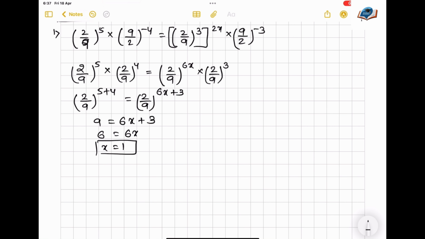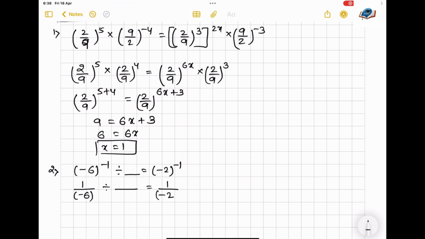Then second one it says by what number should (-6)^-1 be divided to get (-2)^-1. I need to divide 1 upon minus 6 with some number to get 1 upon minus 2.